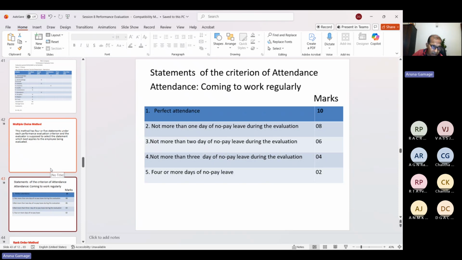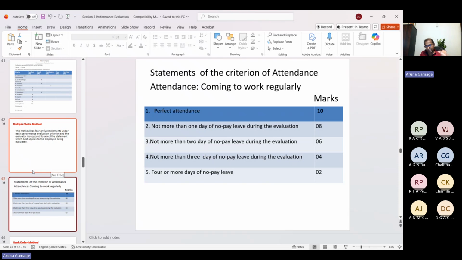But the problem is if there are 100 criteria, you have to develop at least 5 to 6 alternatives, so there will be nearly 100 into 5, that means 500 statements. So what will happen to the length of your evaluation form?